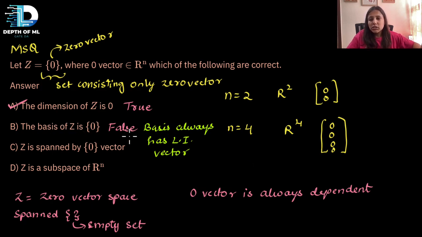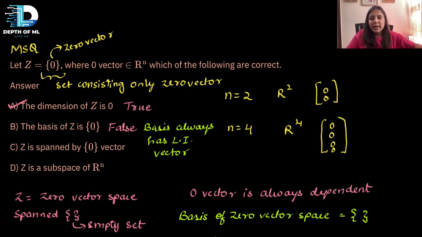Hence this is false because the basis of Z is the empty set. So I'll write here that the basis of the 0 vector space is basically the empty set. This is because it is spanned by the empty set, so the basis of the 0 vector space is the empty set.